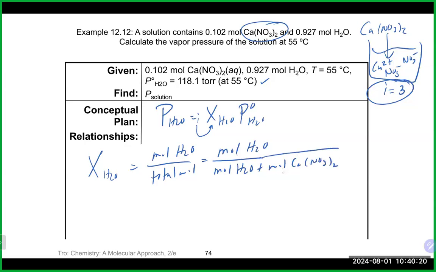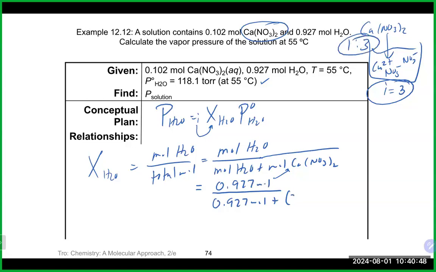So this is actually the place where we're going to apply the van 't Hoff factor, which is the i value here. And if we do that, we will end up with the moles of water, which is 0.927 moles, divided by 0.927 moles for our water, plus, remember, this is a 1-to-3 relationship.